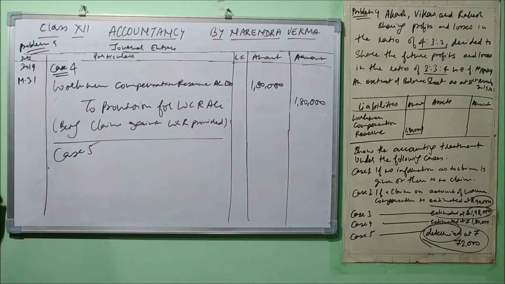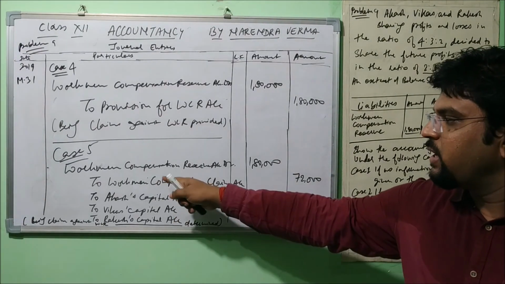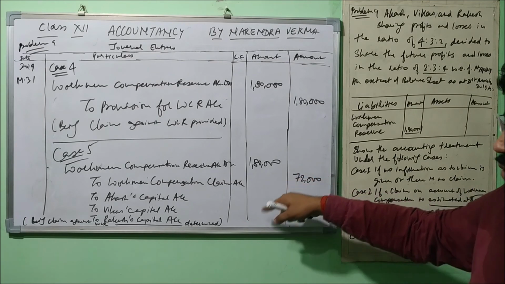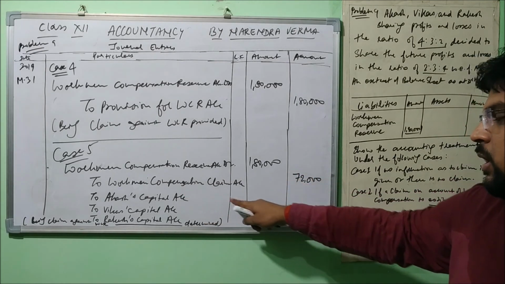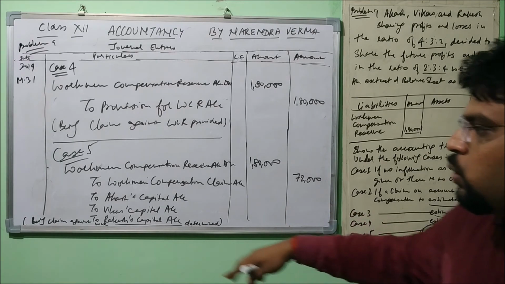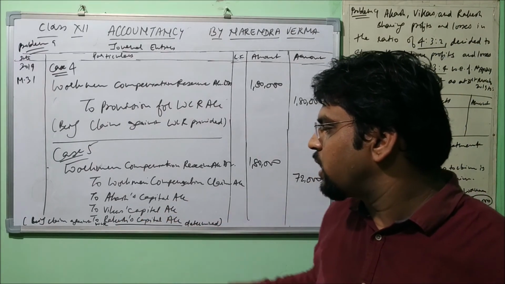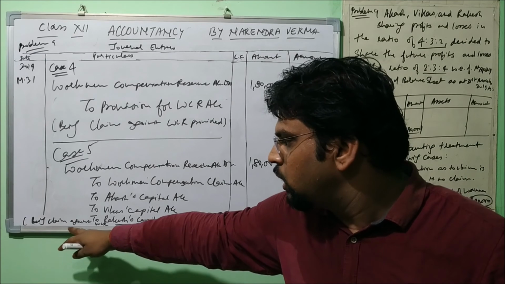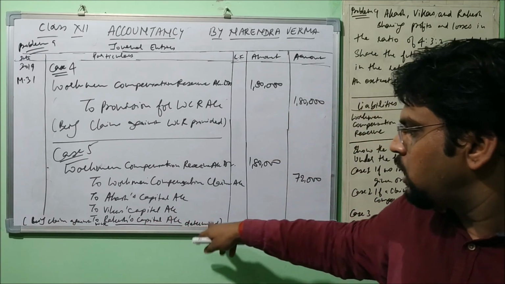In place of provision for WCR, we will put only Workmen Compensation Claim Account. So you can see here Workmen Compensation Reserve account debit 1,80,000 to Workmen Compensation Claim Account. Why? Because the word determined is given here. 72,000 to Akash Capital, Vikas Capital, to Rakesh Capital, and in the narration you can see being claimed against WCR determined.